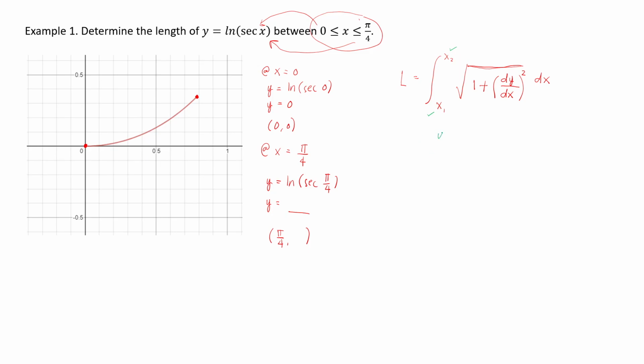Get the given equation. Y is equal to ln secant x. And again, since we are going to derive with respect to x, this becomes dy over dx. So that's the basic derivative, right? The derivative that we have done in the u sub, we have directly transferred dx on the right side.